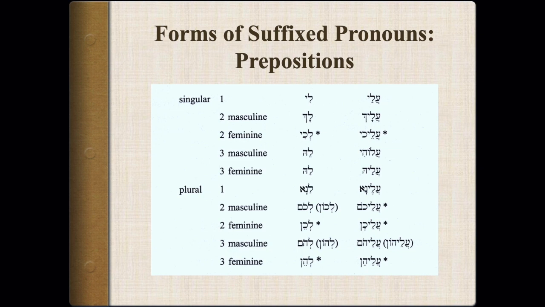In this table, you have pronouns added to prepositions. Note that the prepositions le, que, and be tend to act as though they were singular nouns, whereas the preposition all kind of acts like a plural noun when taking the suffix.